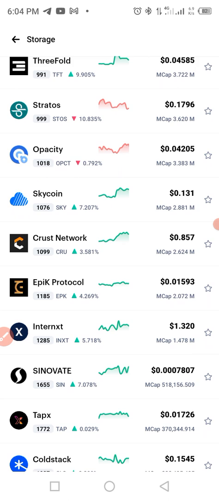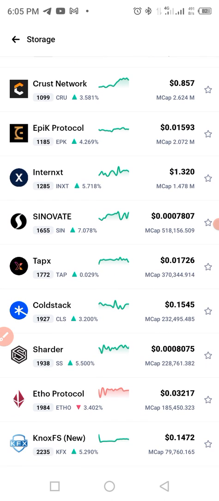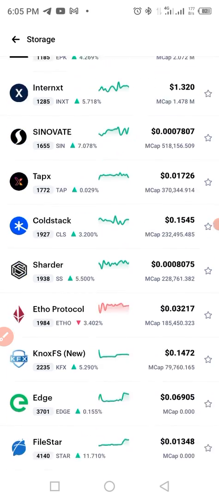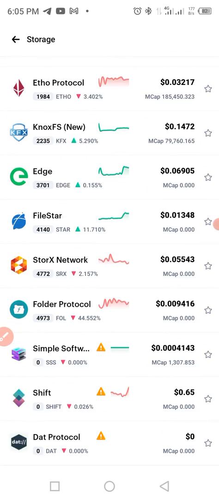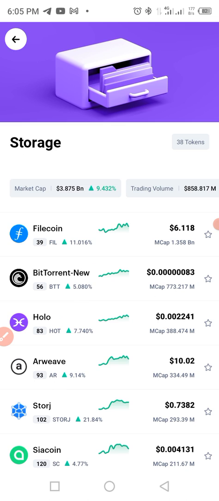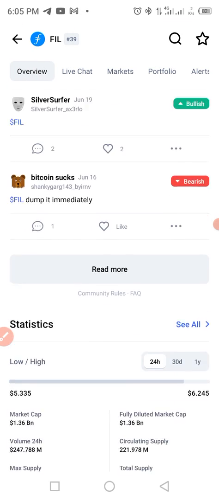Maybe you begin to hear news about security breaches and stuff like that, and people begin to move their databases to be stored on blockchain, because remember one of the importance of blockchain is that it is tamper proof, it cannot be altered. The moment the news starts carrying information like that, keep in the back of your mind that coins on storage might begin to pump. So you just come here, click on the file, read it, and you discover that it's a storage coin.